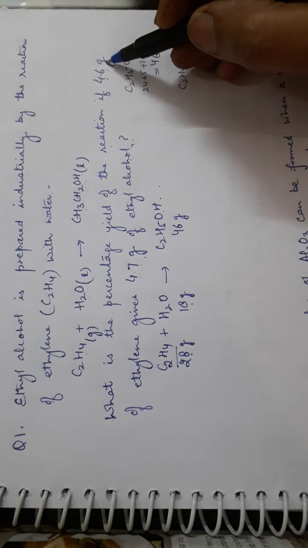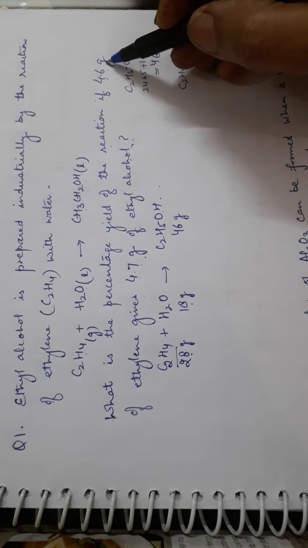Then 4.6 gram of C2H4 will produce how much? 46 upon 28 into 4.6 gram of ethanol. We calculate it, and we will be solving it out.